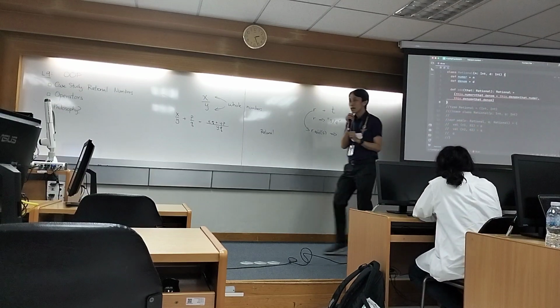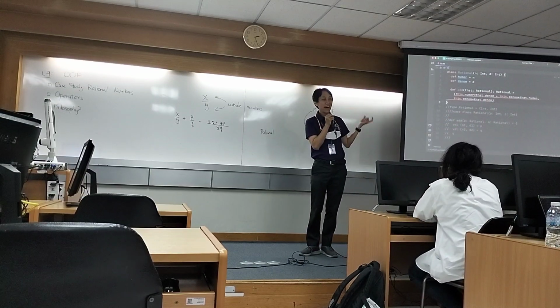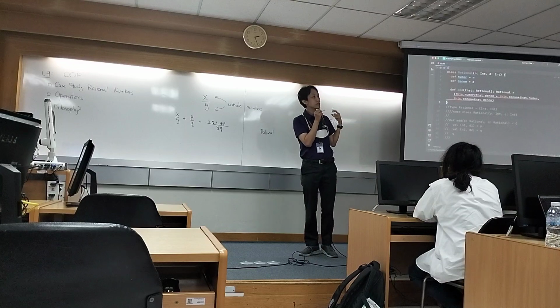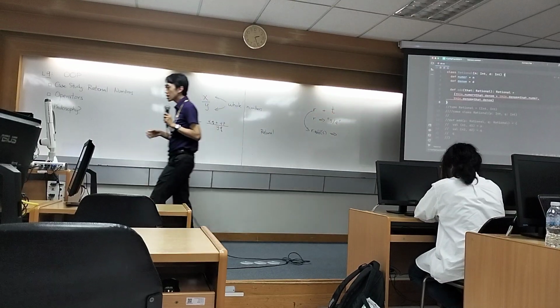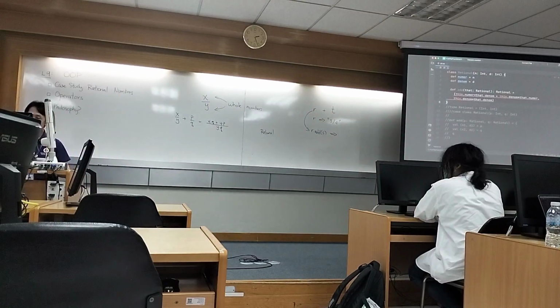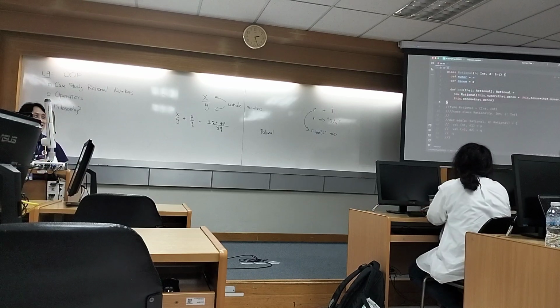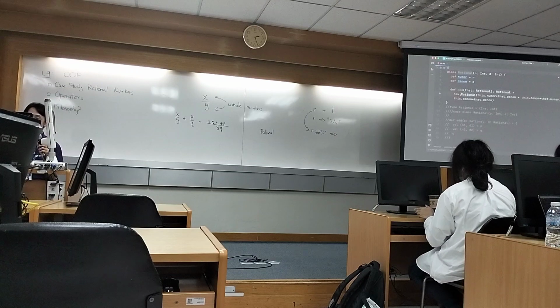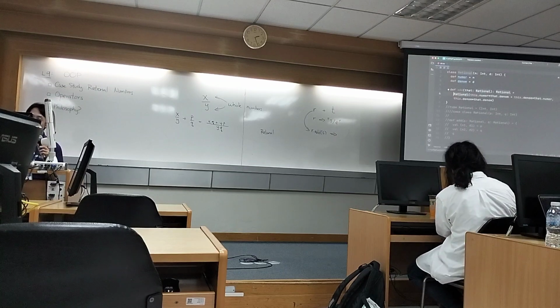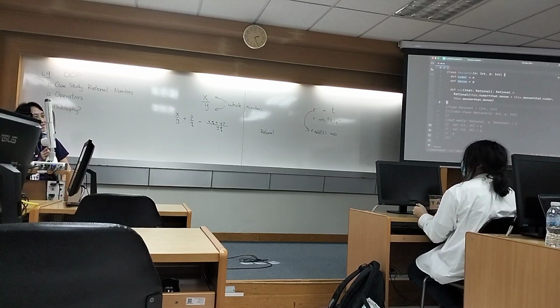A rational. So how do we create an actual rational instance? If you prefer to be super explicit, you can say new rational. If you grew up on Python's kind of land and you prefer it this way, then go ahead.